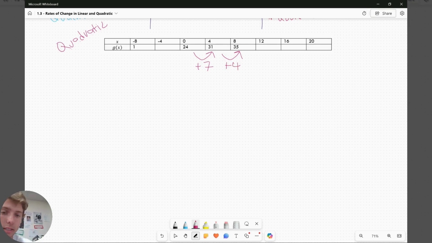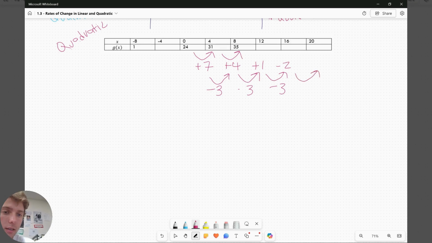But we need a constant second difference. I know the difference between 7 and 4 is minus 3. I can apply that now. This difference has to be the same every time. So if I move this way, I'm going to subtract 3 again. I took 7 minus 3, that gave us 4. If I take 4 and subtract 3, that gives me positive 1. If I take 1 and subtract 3, that gives me negative 2.